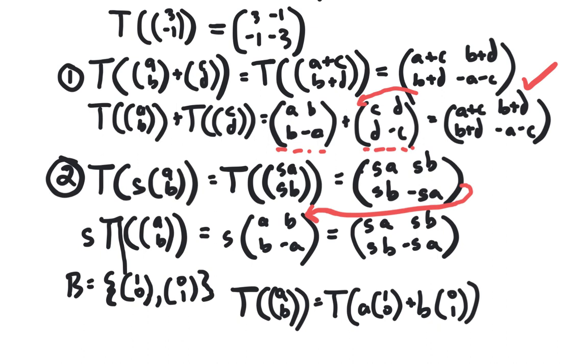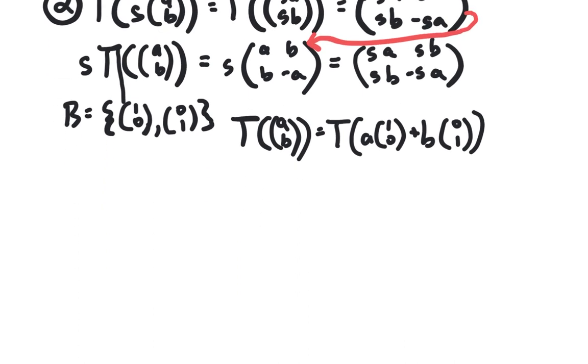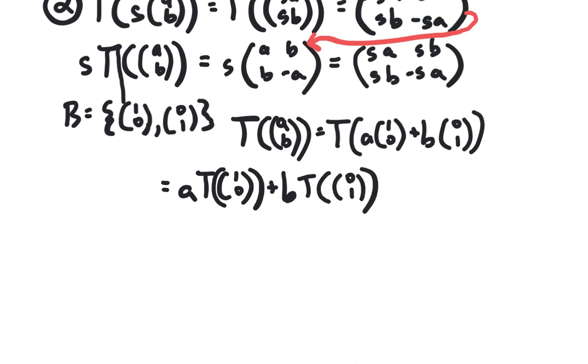And then using our ideas of splitting apart linear combinations, we can view this as A times T of 1, 0 plus B times T of 0, 1.